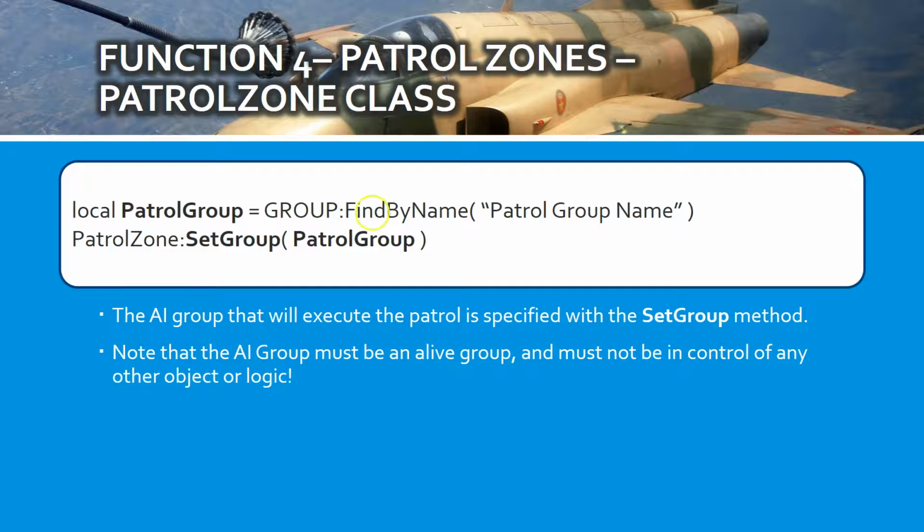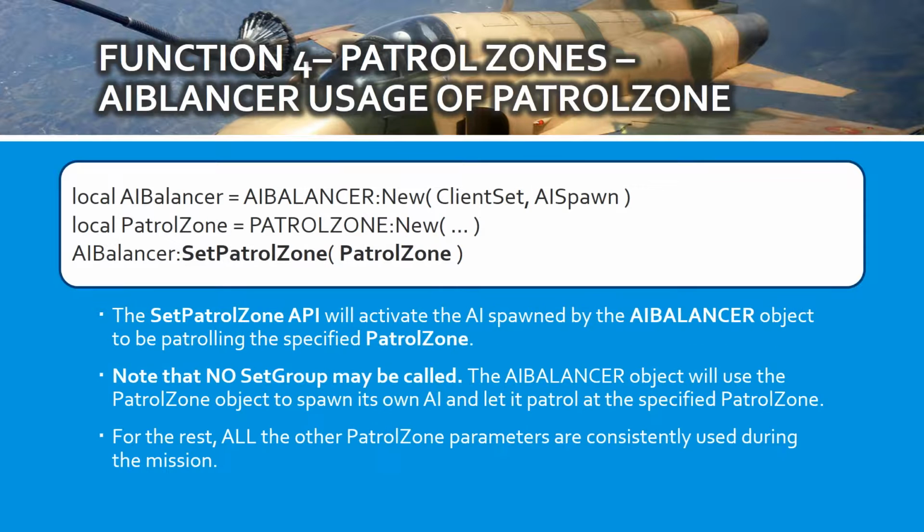I've taken this separately because when we are executing a patrol within the AI balancer class, the AI balancer will actually spawn the groups itself, and it will use the patrol zone that you specify here to take the parameters of height, speed, and those things.